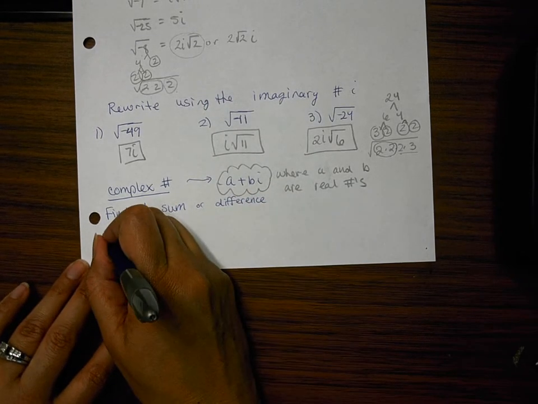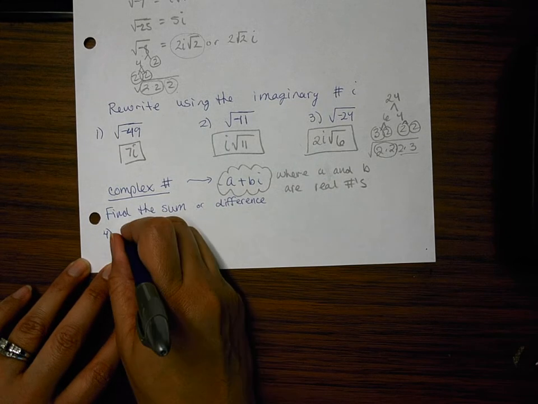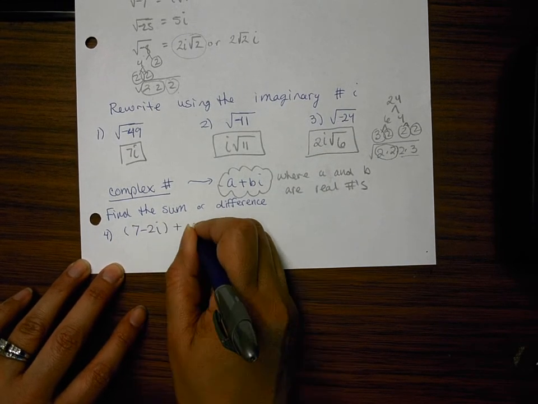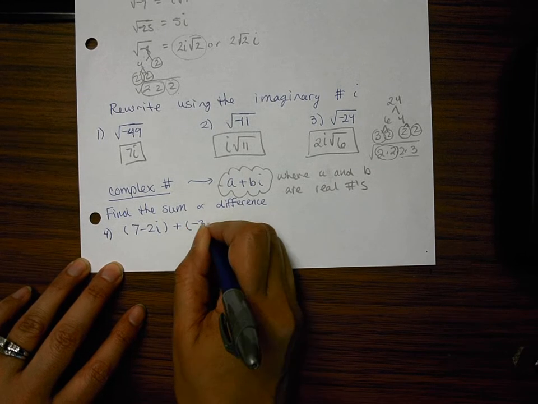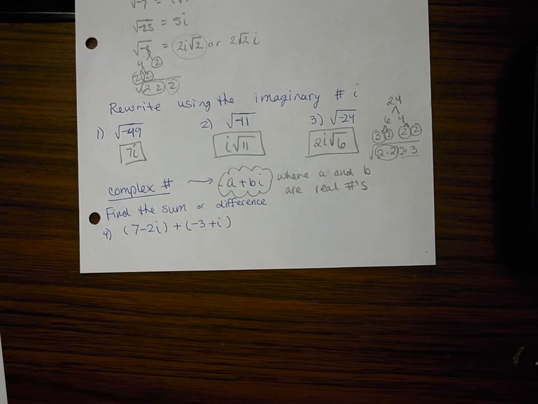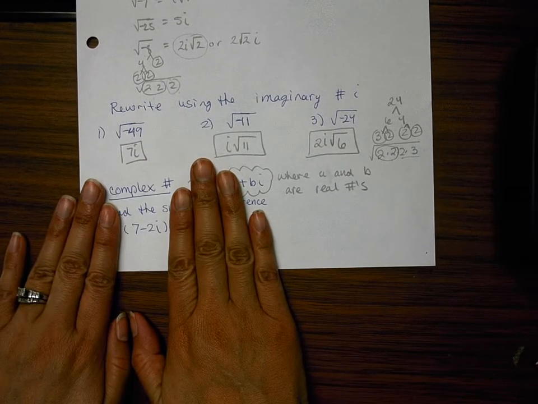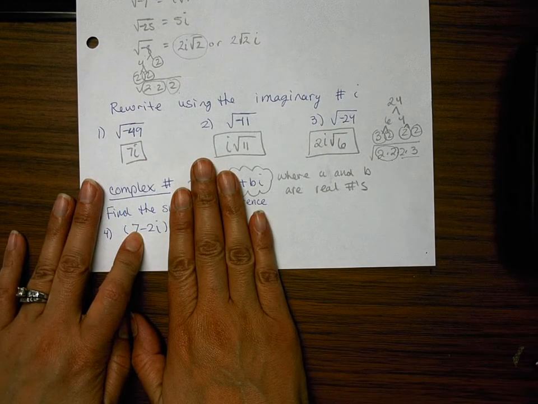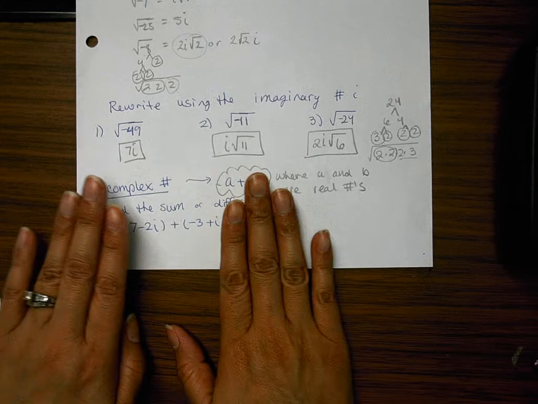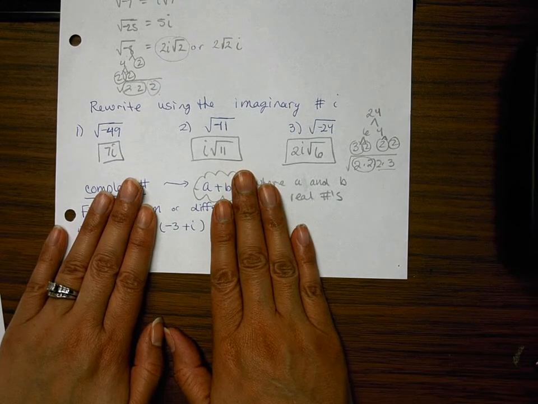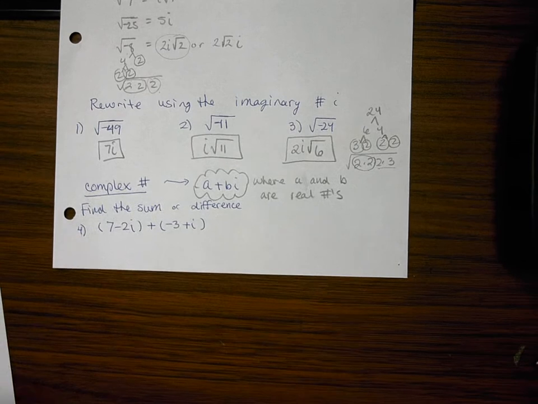Number 4, parentheses 7 minus 2i plus parentheses negative 3 plus I. Okay, so can you see where I have two complex numbers? There's my first complex number, a plus bi. A is 7, b is negative 2. There's my second complex number, negative 3 plus I. A is negative 3, b is 1.